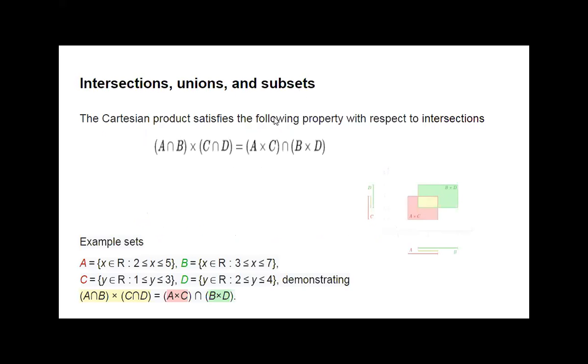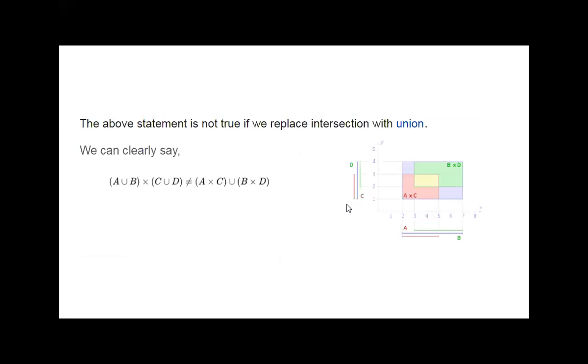Then intersections, unions, and subsets of Cartesian product. Here are some properties that are true, and we have also proved these properties: (A intersection B) cross (C intersection D) is equal to (A cross C) intersection (B cross D). With the help of this diagram we have seen this.